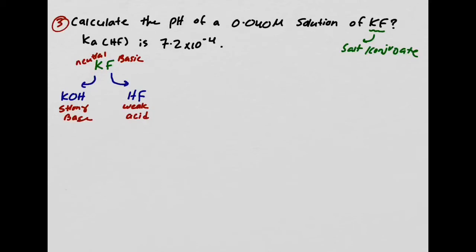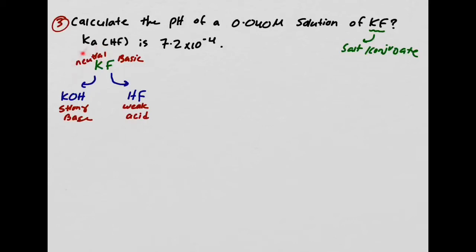K probably came from KOH, and F probably comes from HF. KOH is a strong base, and a strong acid or base has a neutral conjugate. If you have a weak acid, the conjugate would be a conjugate base. If you had a weak base, the conjugate would be a conjugate acid. So far so good.